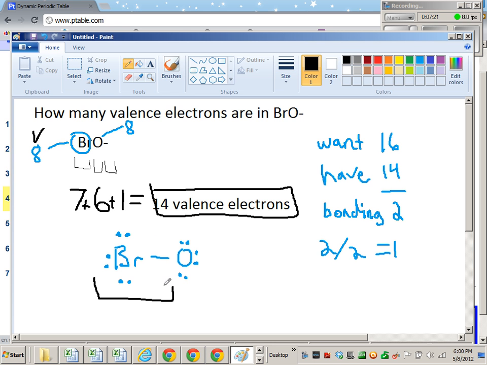So we got that right. How about this oxygen? The oxygen has, again, 6 non-bonding electrons and 2 bonding electrons. So that's 8 total. So the octet of the oxygen is also filled. So this is the Lewis dot structure for BrO minus.